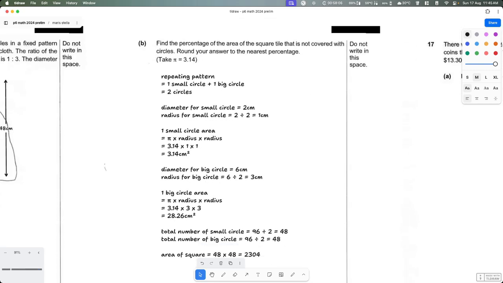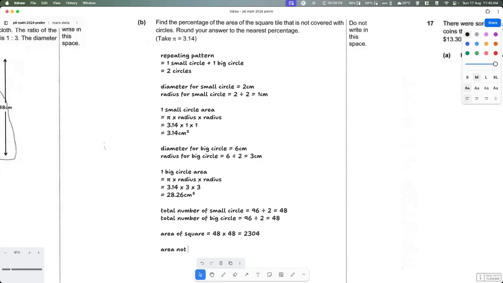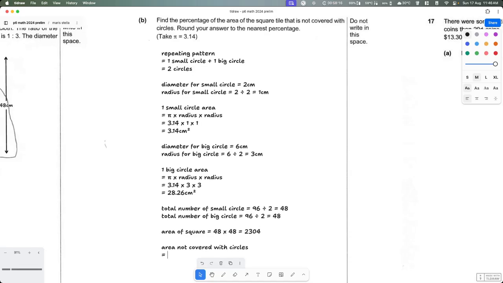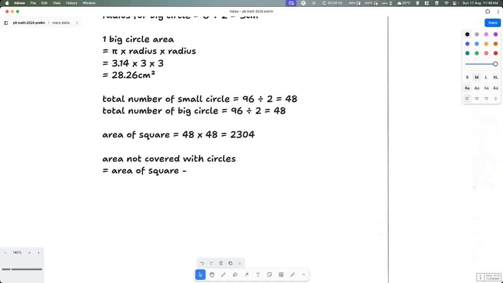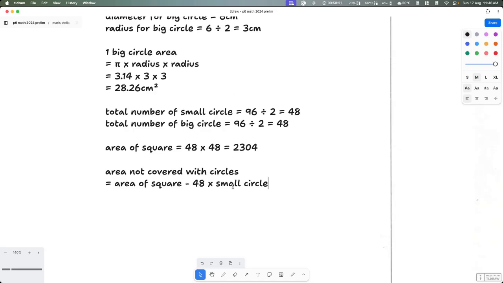Okay, so the area not covered with circles is equal to the area of the square minus 48 times the small circle area minus 48 times the big circle area.